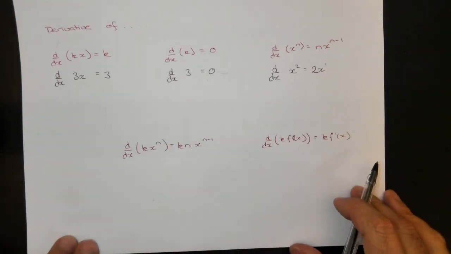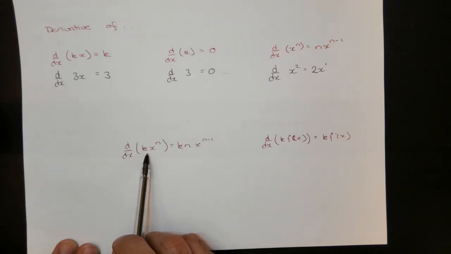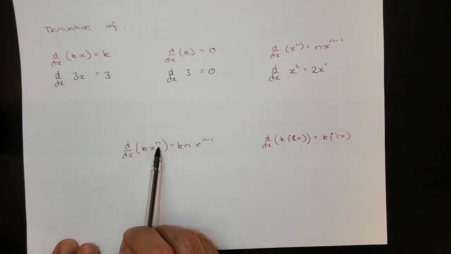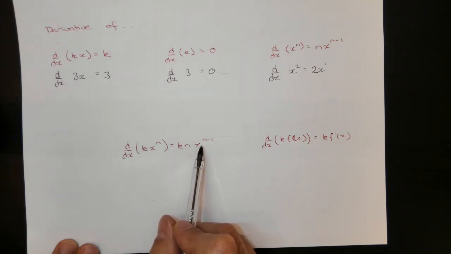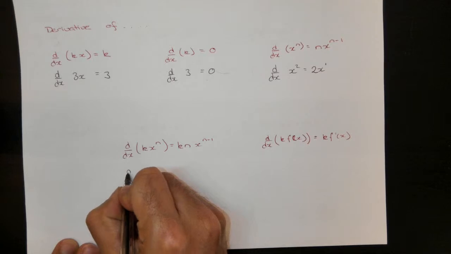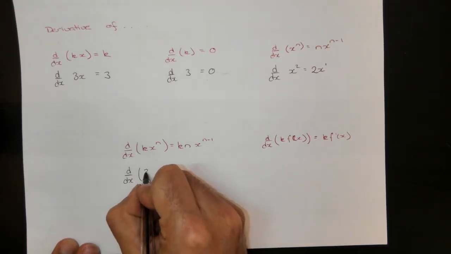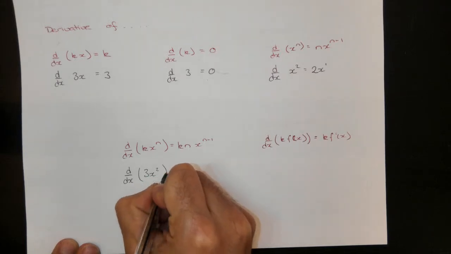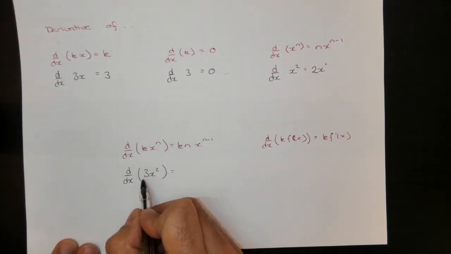All right. Now the derivative, d/dx of kx^n is going to be knx^(n-1). So that's like this. Let's say we have 3x squared. Right? We bring the power down and we multiply it by this constant.